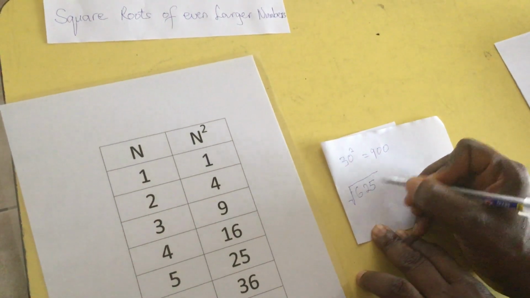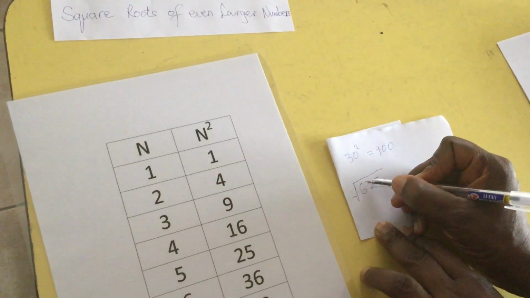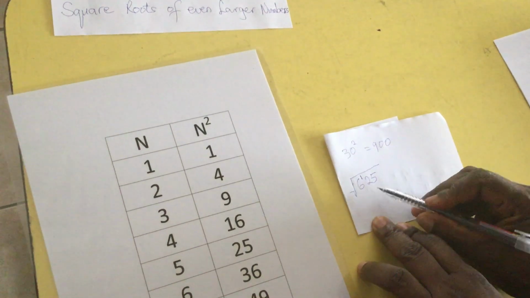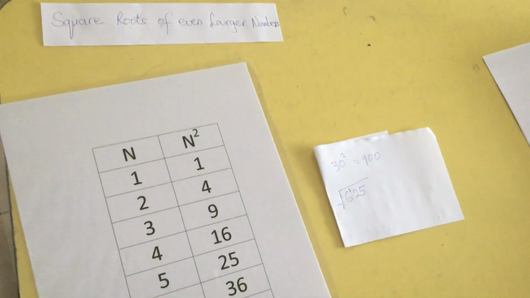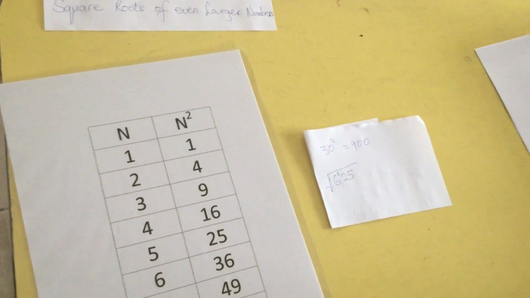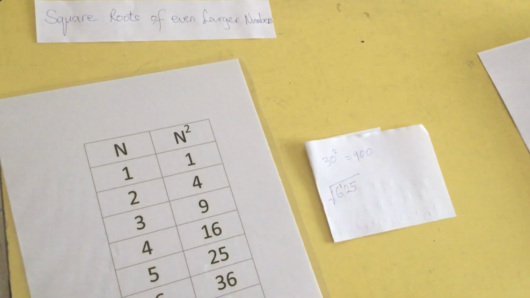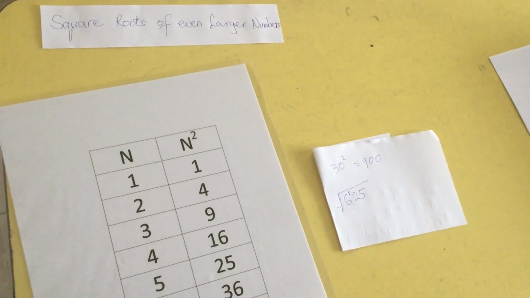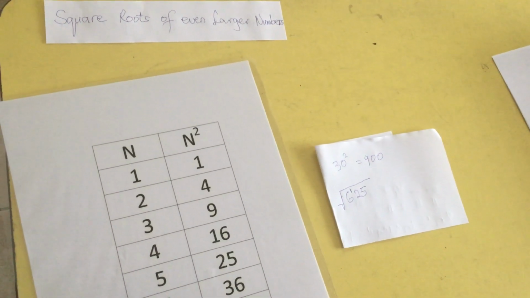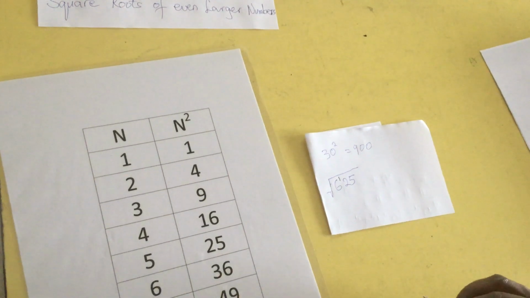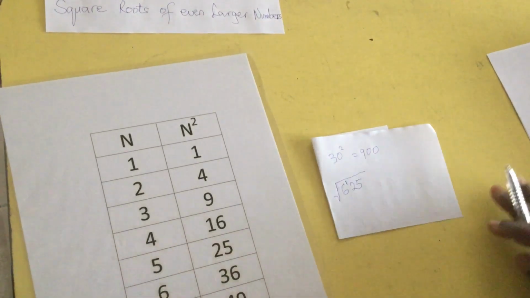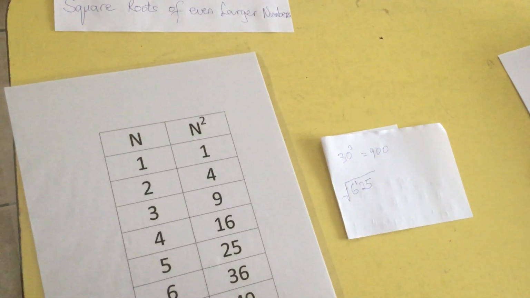So we count the number of periods, 1, 2, this is one period. So the answer we are going to have here will have 2 digits. That will mean that we are going to use the binomial square. I'm going to show you the binomial square.